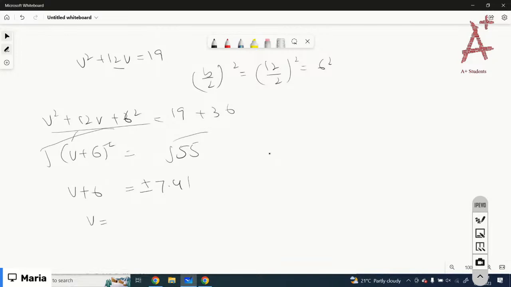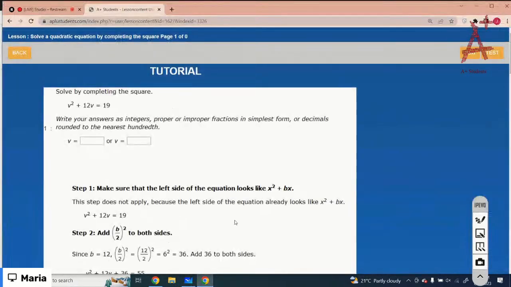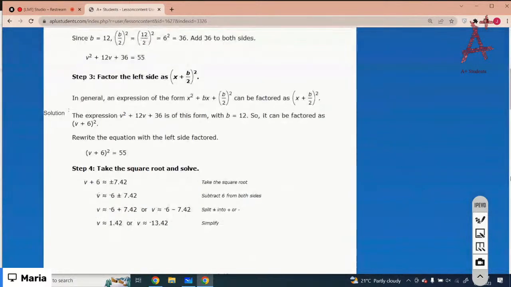So it is v equals 7.41 minus 6 and v equals negative 7.41 minus 6. So it would be 1.41 and negative 13.41. That would be the two values for v. Got it? Here we have 1.42 and negative 13.42. Got it?